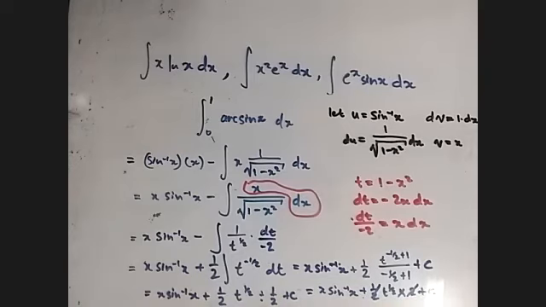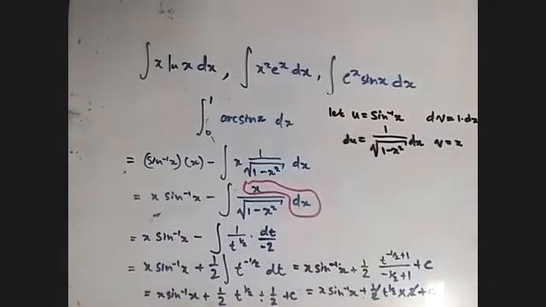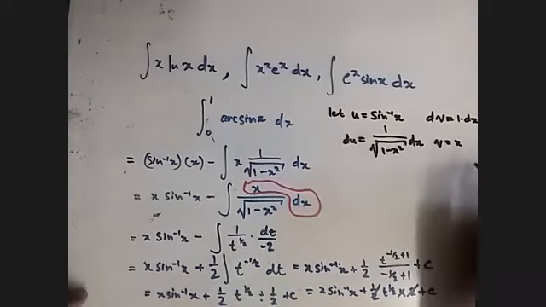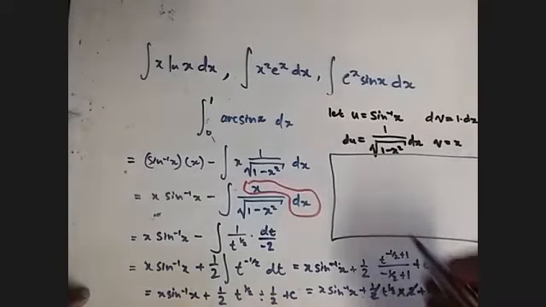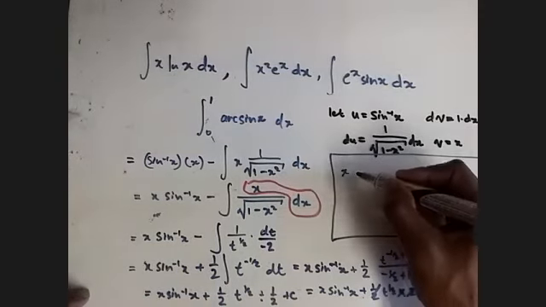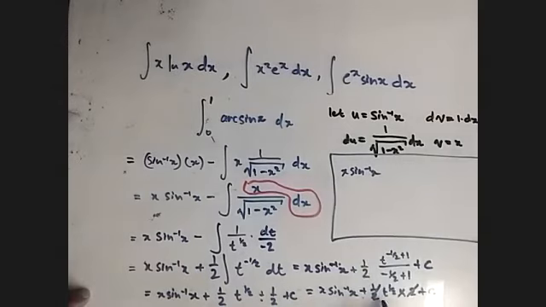Now the final answer, sorry guys, I want you to understand. The final answer hence becomes x sine x, and then we're going to have this. But now we do know what is t.